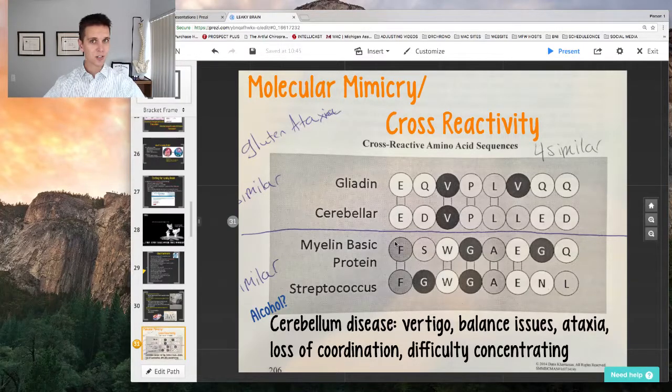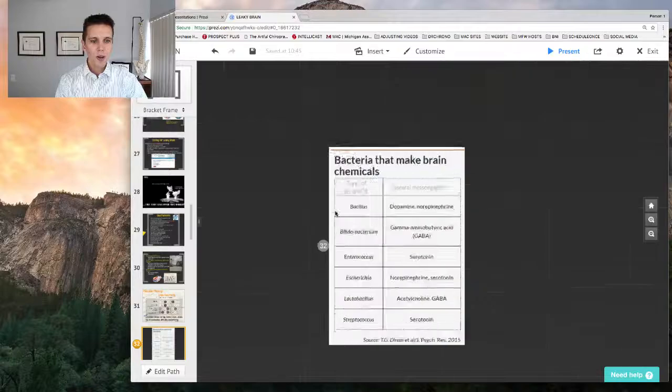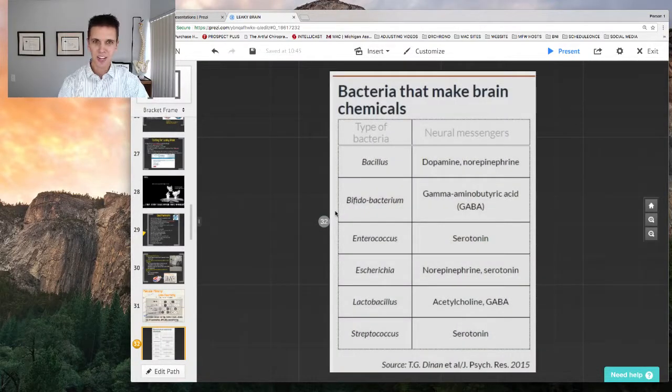And that's not Dr. Kyle saying that, that's the research and the literature saying that. When the immune system sees the streptococcus amino acid sequence, it also sees the myelin sequence, and it has that same attack response, like in the example up here with the gliadin and the cerebellum.